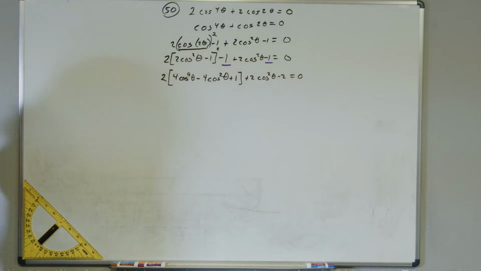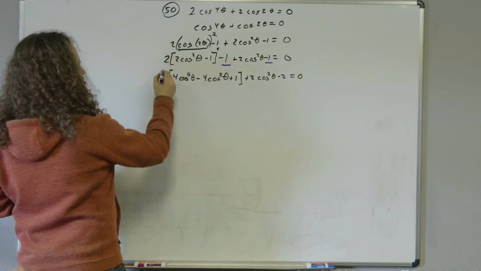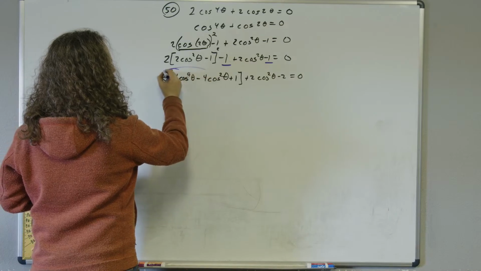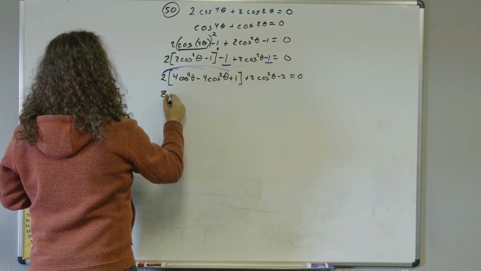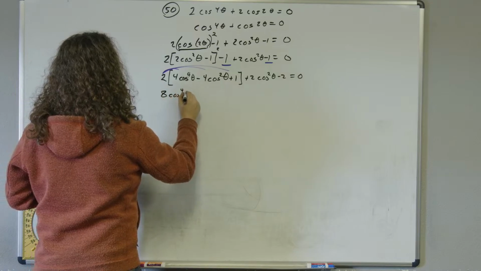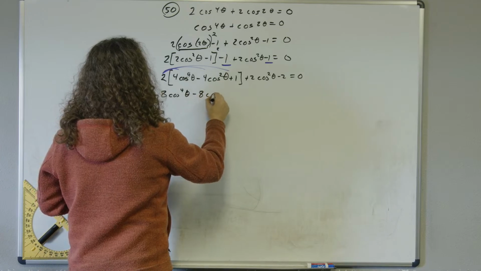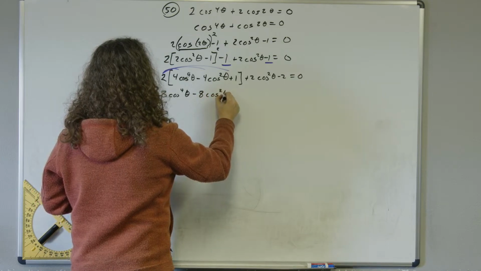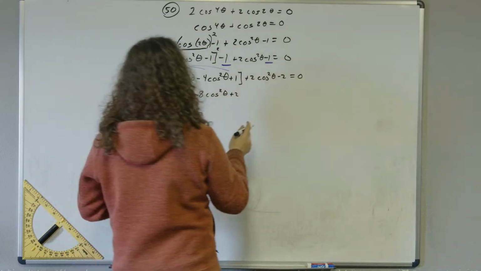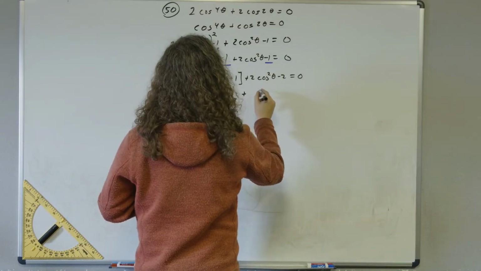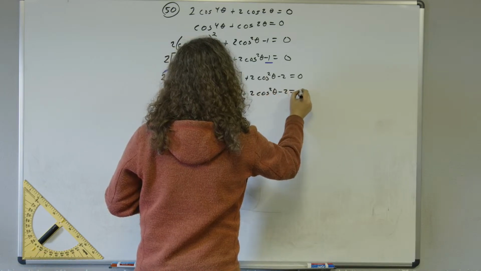Multiply the chunk by the 2. Multiply the chunk by the 2 sounds just fine. 8 cosine to the 4th theta minus 8 cosine squared theta plus 2, and that's convenient for in a minute, plus 2 cosine squared theta minus 2 equals 0.